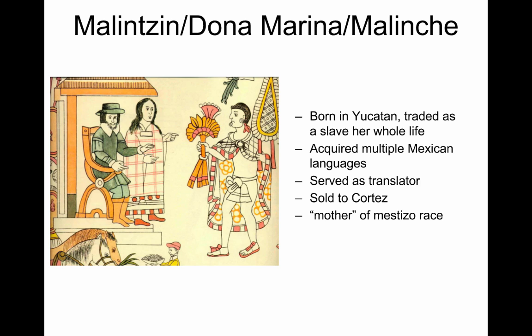But to me, she's very interesting because she's a reminder of just how divided the early pre-Columbian civilizations were at this time period. The story of Malinche is that she was born in the Yucatan, so she was born closer to Cancun, and that she was sold into slavery and traded as a slave for the entirety of her life.